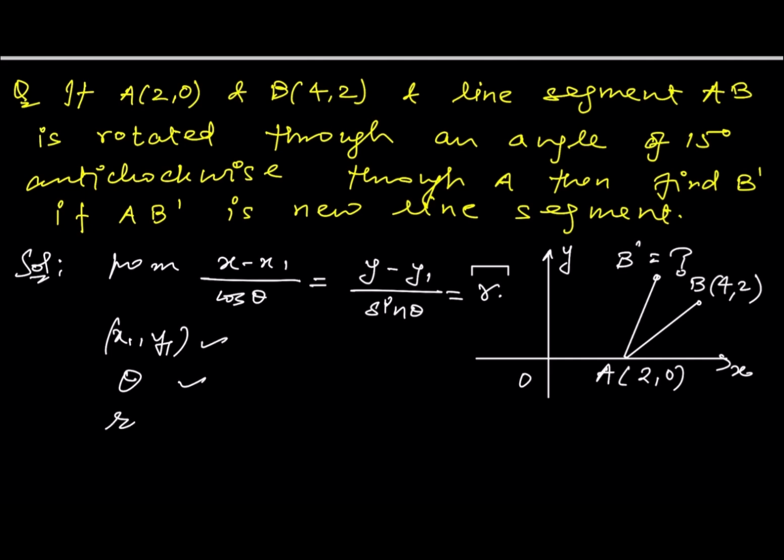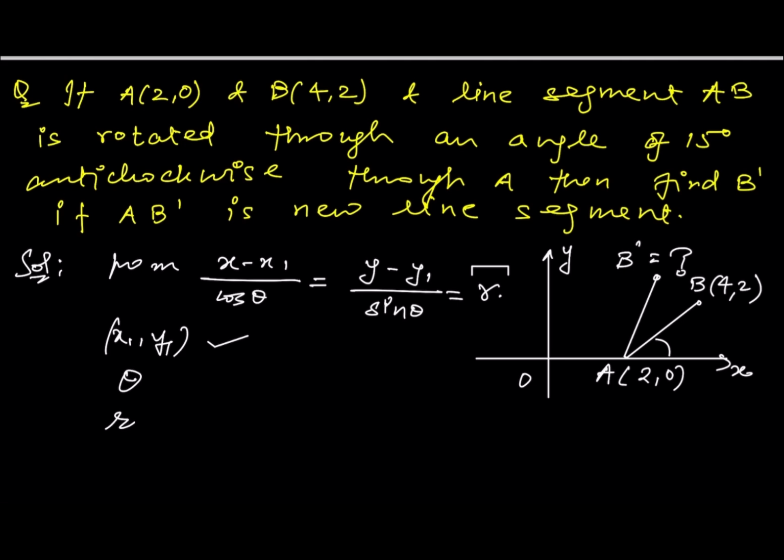Okay, so I have x1, y1 as 2, 0. I have theta because the inclination of AB I know already. I can find the inclination of AB by using the slope of AB, right?